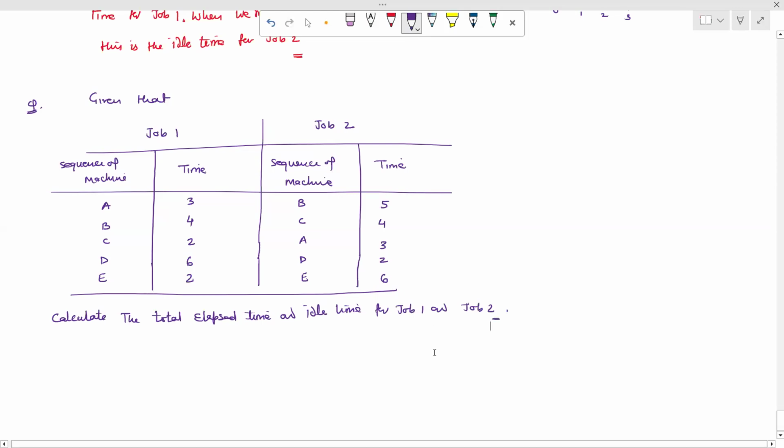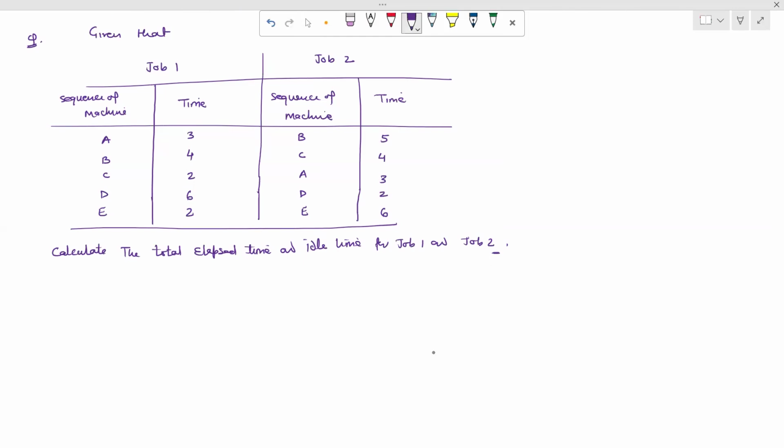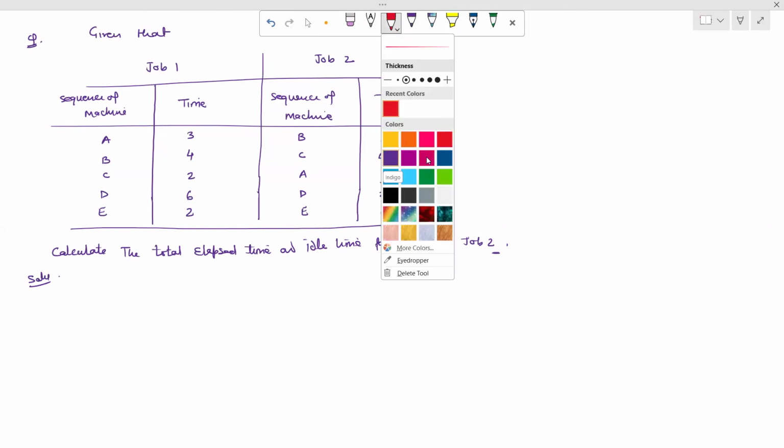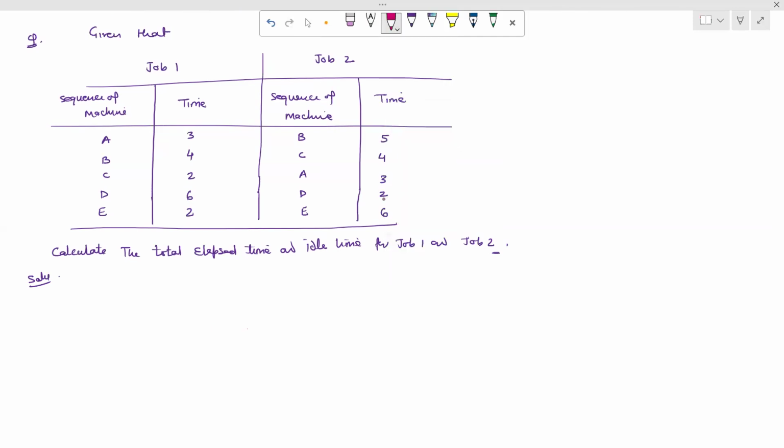Now we write down the solution of this. For writing the solution, we follow the steps as given above.